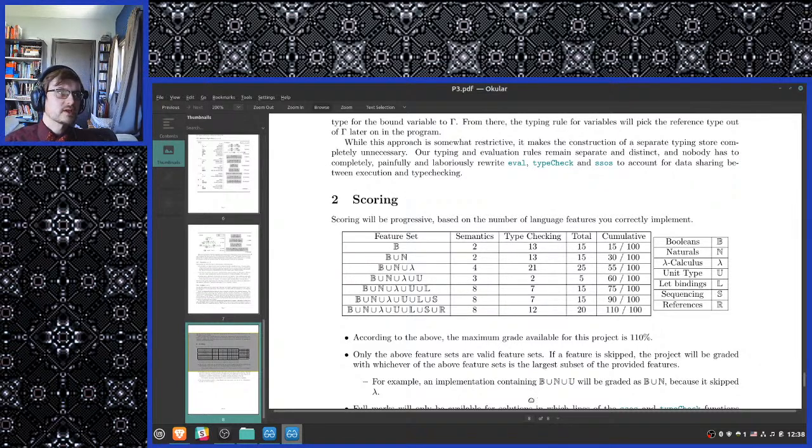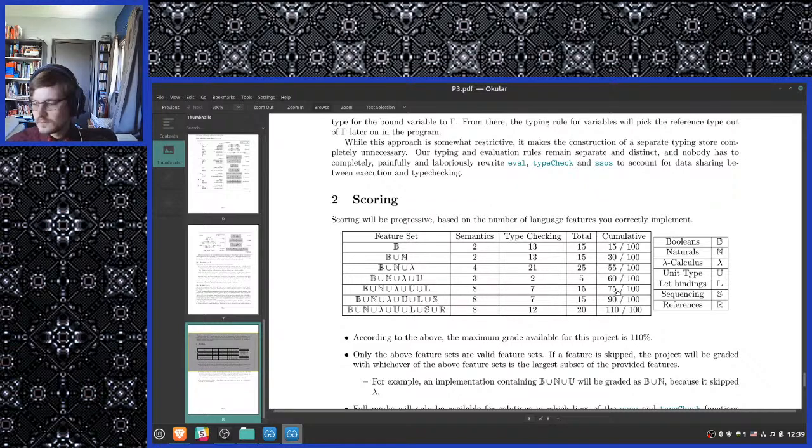The total number of marks available through all of this is 110 out of 100, so there are 10 bonus marks available. Maximum score is 110%. You'll notice that you can get as far as sequencing and still get 90%.